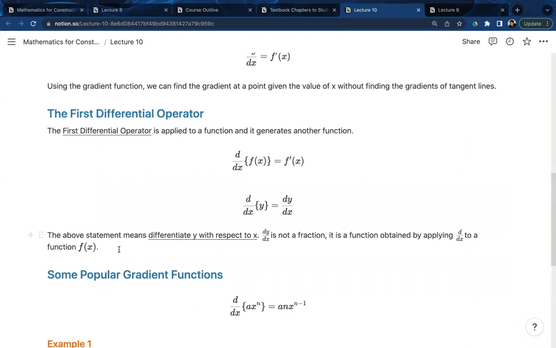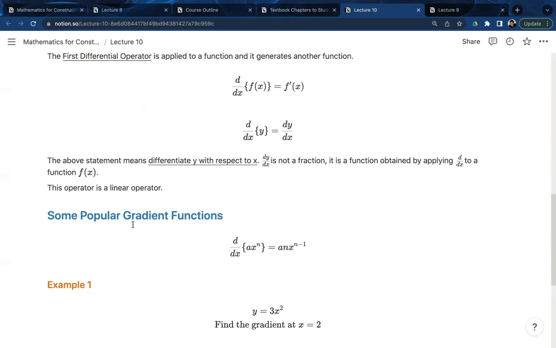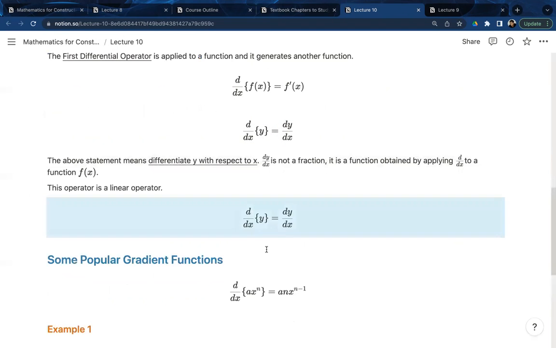Let me write that up here. This operator is linear. What does it mean when we say a linear operator? Okay, this is what I want to talk about now. What do I mean by a linear operator?